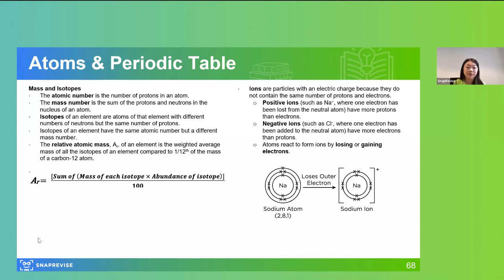Isotopes are atoms of the same element that have a different number of neutrons but the same number of protons. So I could have sodium isotopes with the same atomic number and a different mass number, because they have a different number of neutrons but the same number of protons.